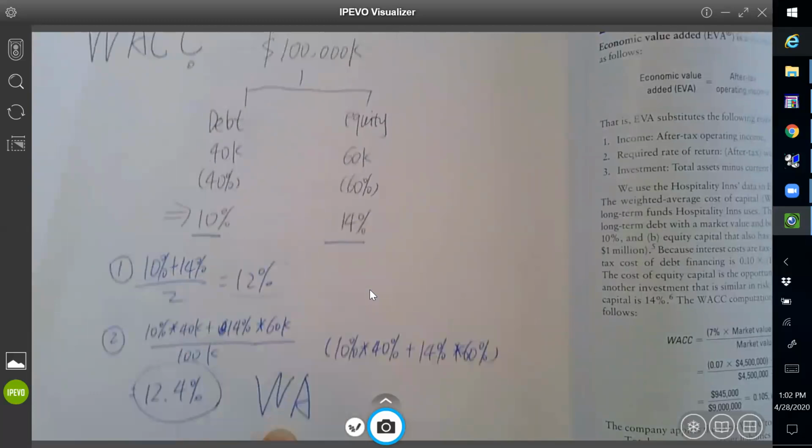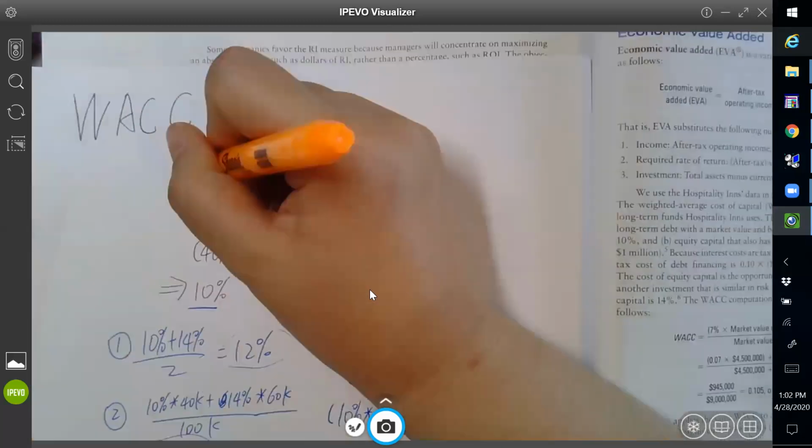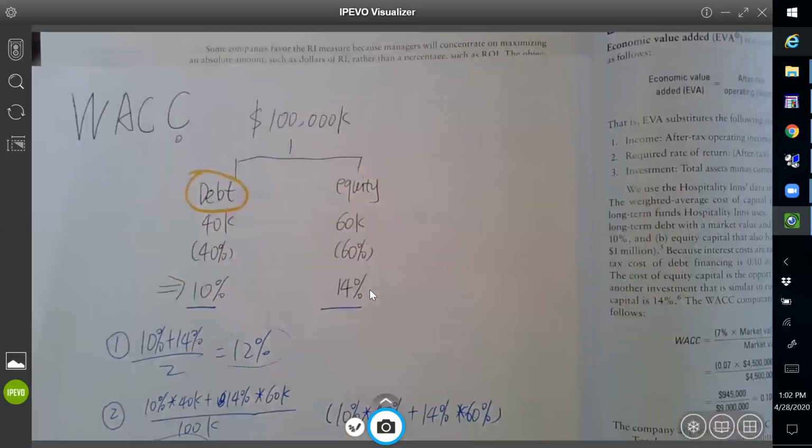When you have debt, you pay interest. That will be the interest expense. And remember, when you have interest expense, you will have a tax saving.